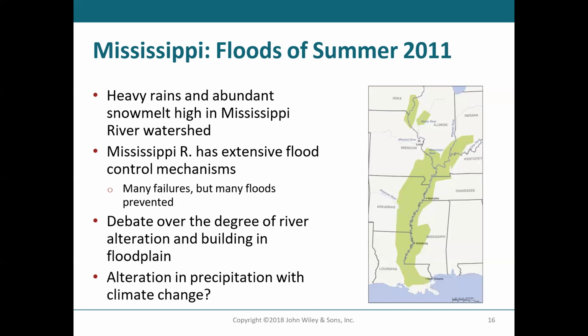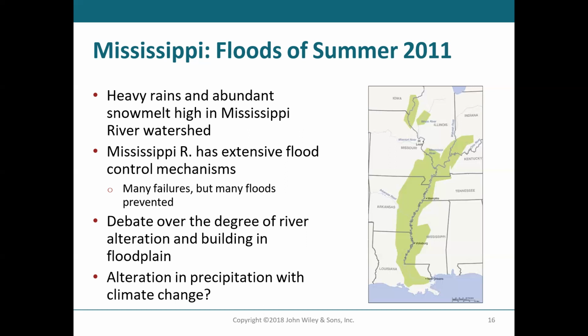And so now there is debate over the degree to which the river should be altered and how much building there should be in the floodplain. However, as you can see here in this map, there are several towns, cities, and municipalities. There are just a lot of people living along this river.